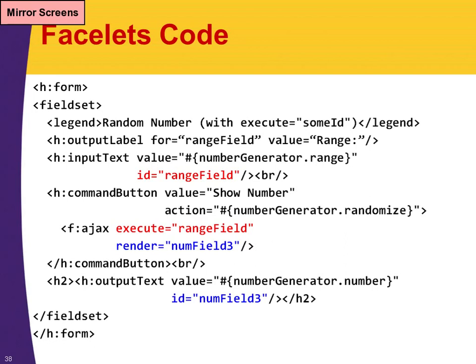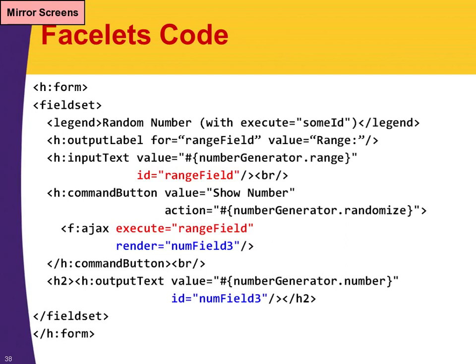What's happening here, if you look at it closely, is that you're going to type a value into the range field, and once you hit the button, whatever is associated with that ID, which is now the input text, is going to be sent to the server side. While you're typing it in, the server isn't seeing it. You understand?